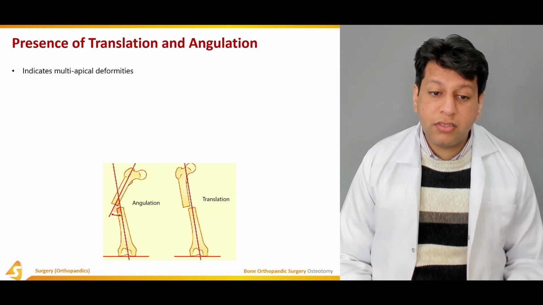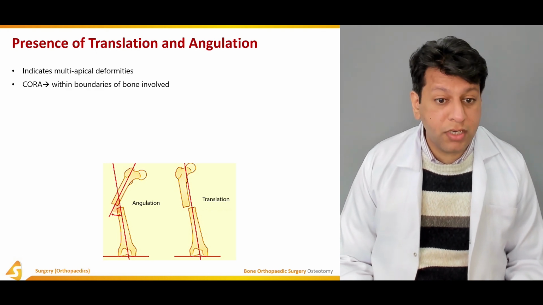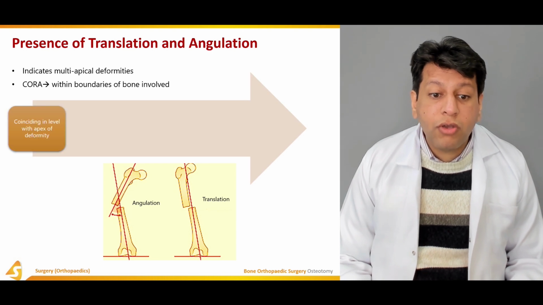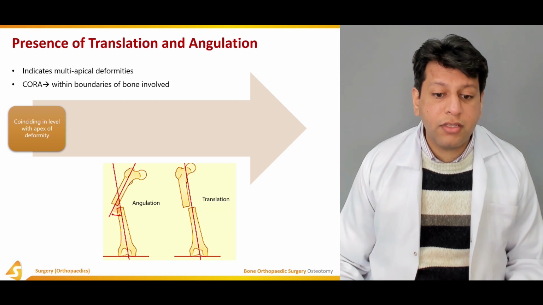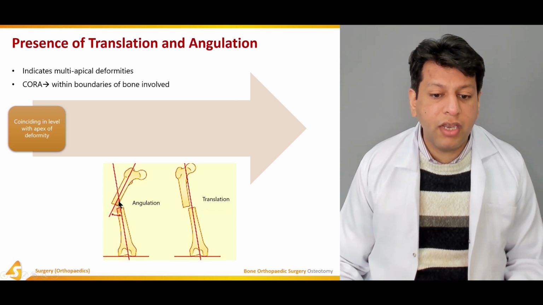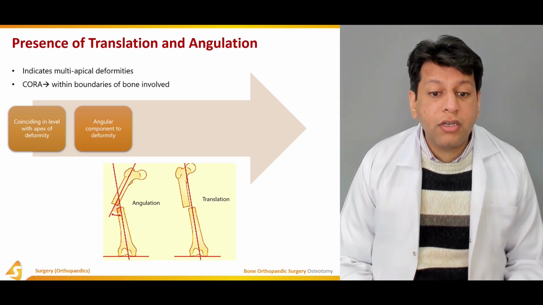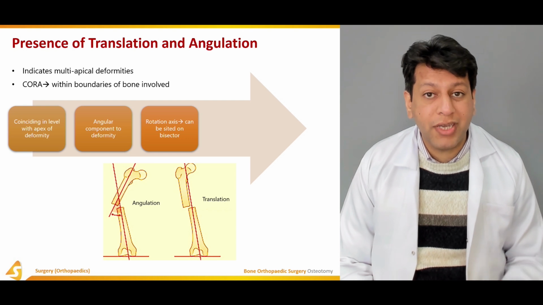If there is a rotational element, it actually indicates multiple apical deformities. The CORA within the boundaries of the bone, if it is involved, coincides with the level of the apex of deformity. If you see at this level, its apex is above the level of deformity, not at the level of deformity. Therefore, the angular component of the deformity rotation axis can be sited or bisected.